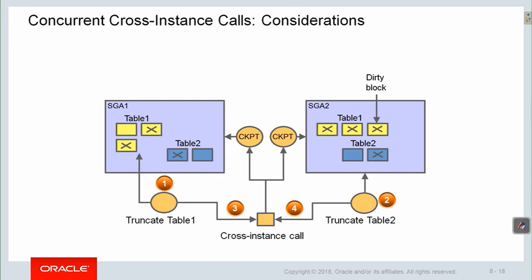The concurrent truncate command must wait for the previous truncate command to complete. And so we have to wait, because the truncate command is managed serially, and you have a direct path operation like a parallel query that requires a checkpoint to read the dirty blocks. So you may have this kind of concurrency scenario.